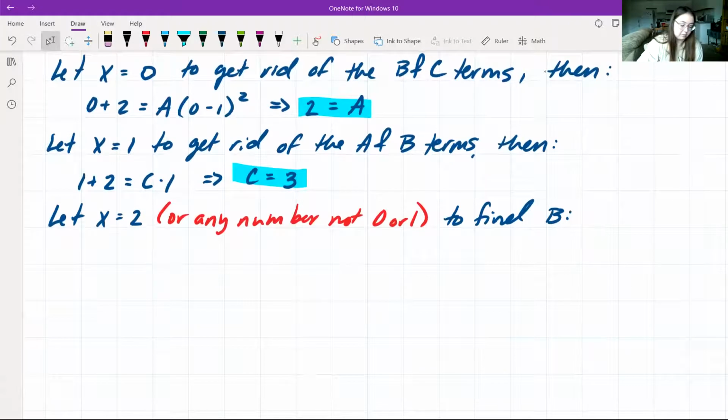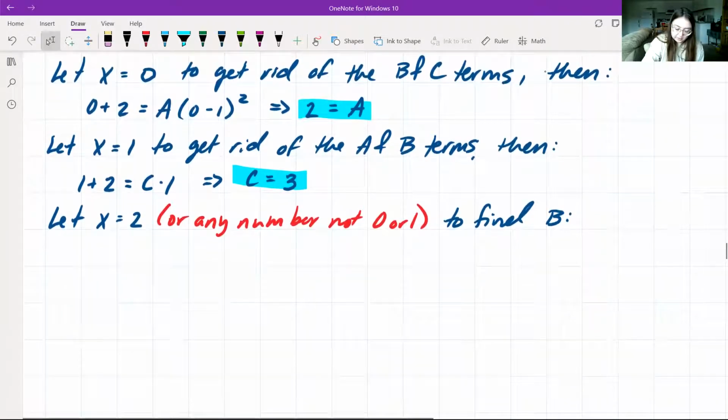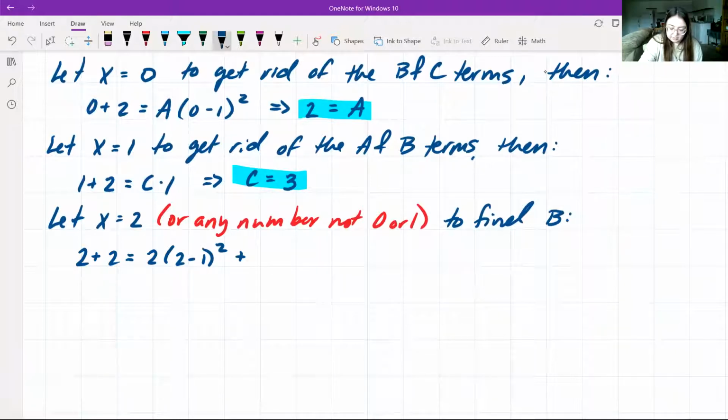So in this case, if we let x be equal to 2, this gives us 2 plus 2 is equal to a, which we know is 2, times 2 minus 1 squared, plus b times 2 times 2 minus 1, plus c, which is 3, times 2.